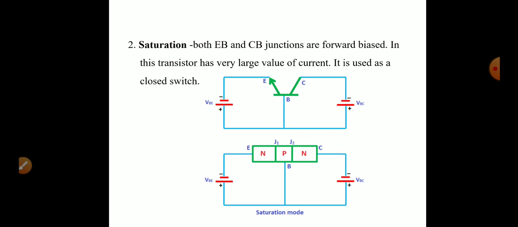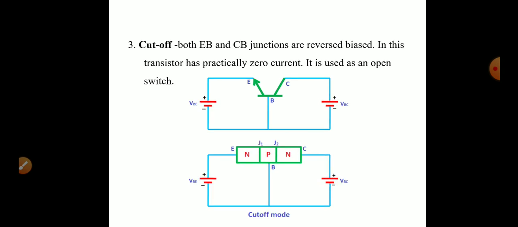The collector region is also N-type, and it is connected to the negative terminal of the battery for forward biasing. The main feature of saturation mode is that it supplies a large amount of current and is used as a closed switch.